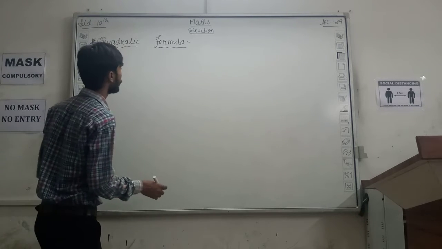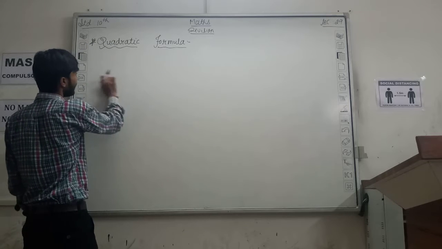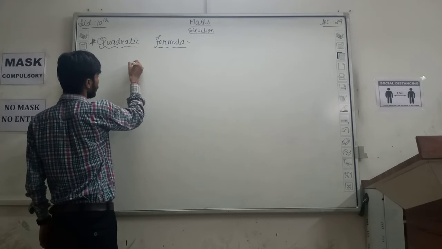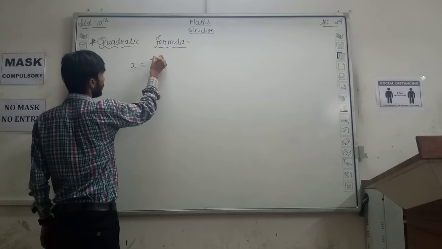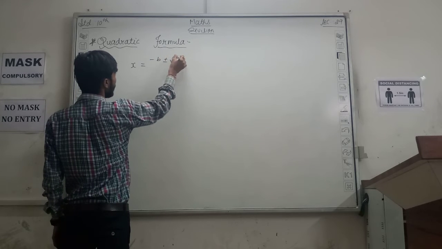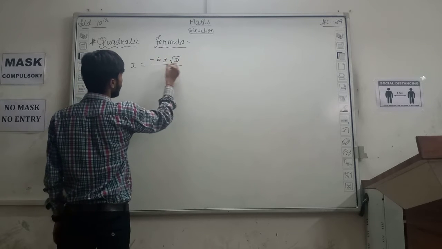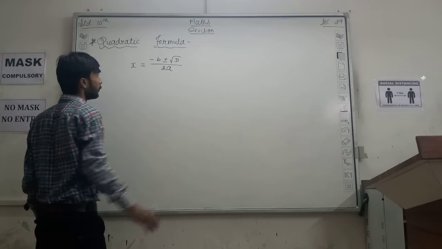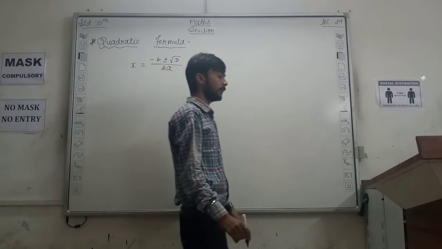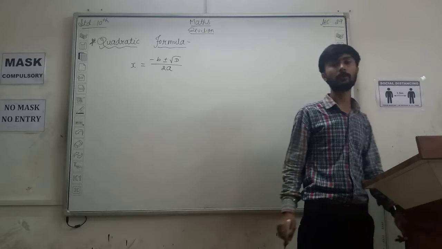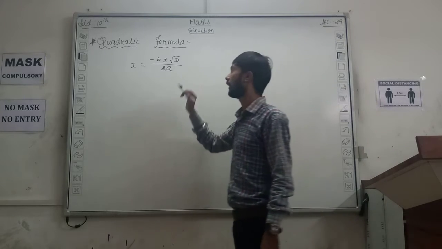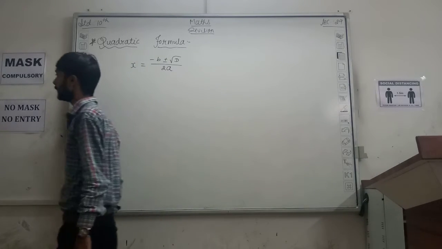So the quadratic formula for any quadratic equation is x equals minus b plus or minus square root of d upon 2a. So what is the formula? Minus b plus or minus square root of d upon 2a, right?